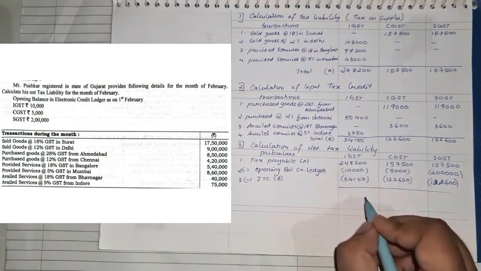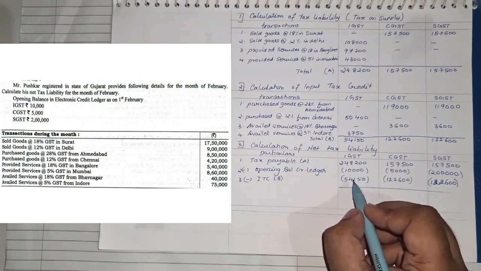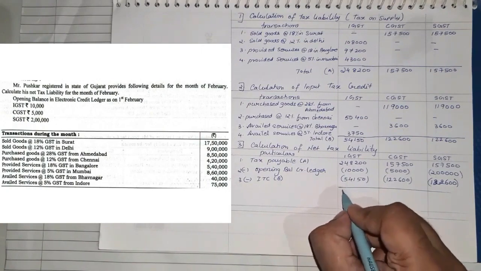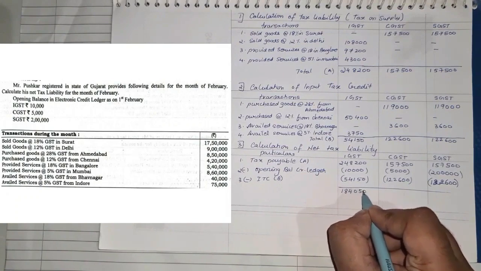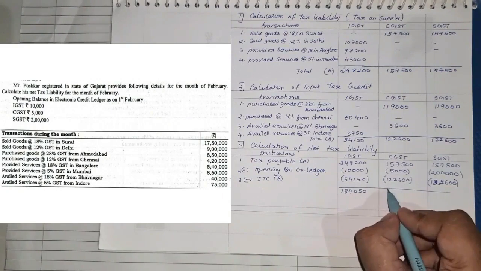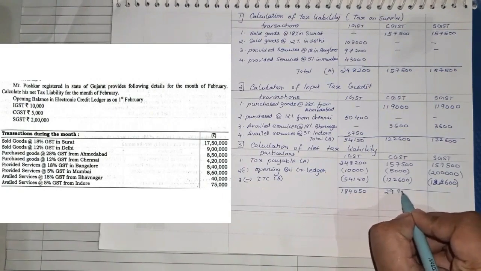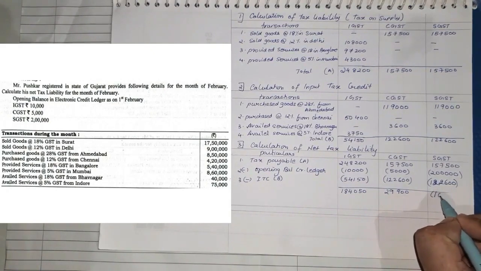Once we do that, we subtract. So 2,48,200 minus 10,000 minus 54,150, I get a difference of 1,84,050. The same for the second one, I will get 29,900. And for the third one, since the amounts are huge, it goes negative, 1,65,100.